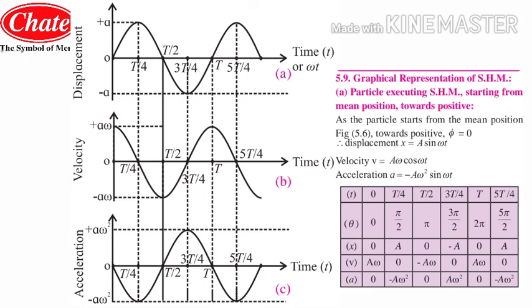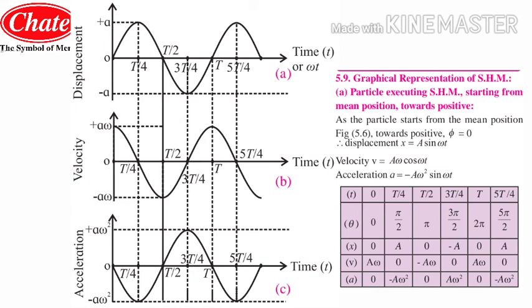Now students, in the same way we have done for the displacement and the velocity, similarly we will put the values of theta into the equation, get the values, and as per the values we will draw the graph. The first value is t equal to 0 and theta equal to 0. When you put it into the equation, the entire term will be 0.